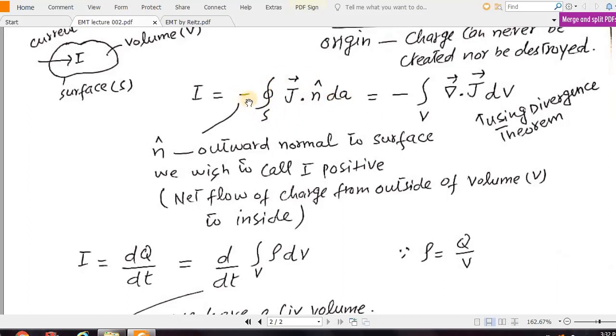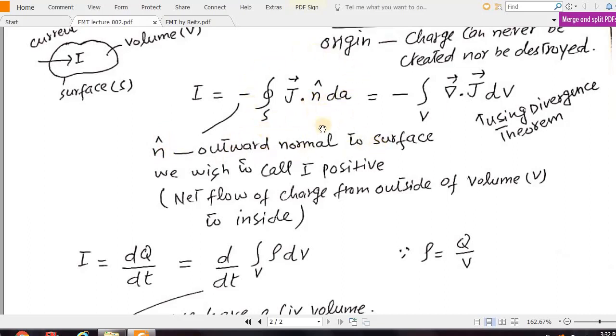Here the negative sign shows the net flow of charge from outside of the volume to the inside, because we want to take the current I as positive. Here in this equation, n is again the normal unit vector drawn outward to the surface.